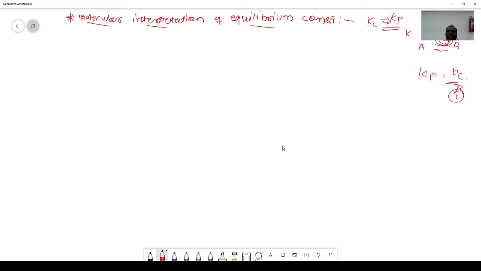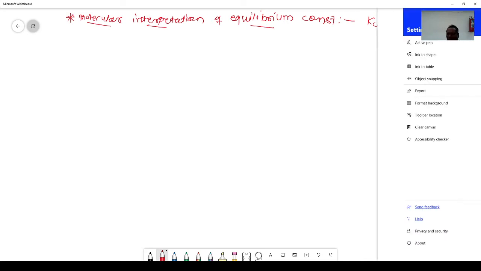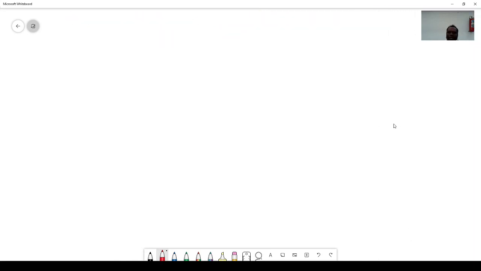Now, one can consider the Boltzmann distribution of molecules of reactant and product over their available energy levels at equilibrium.